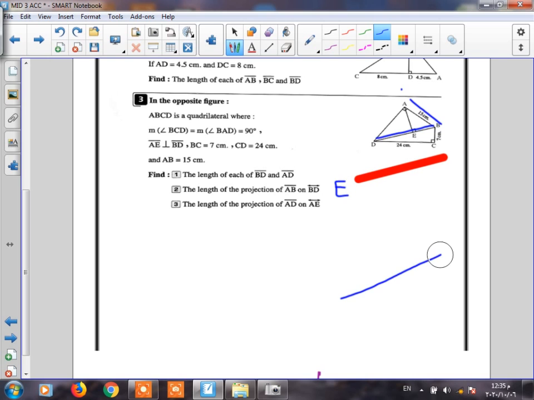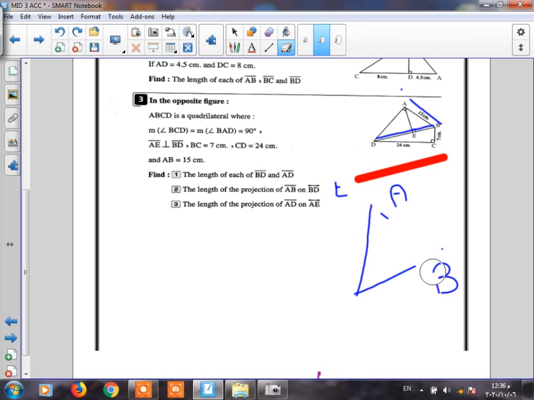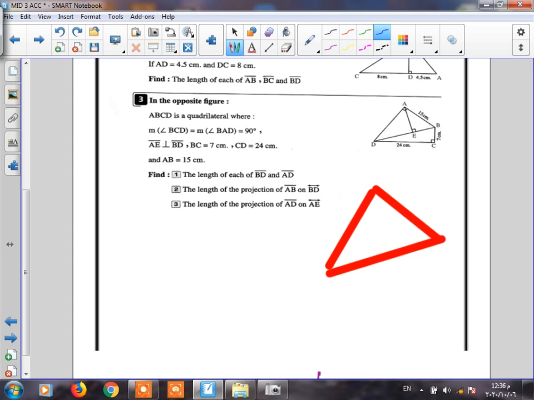I will explain to you again. Perpendicular on BD. That means the projection of point A on the line BD is the point E.